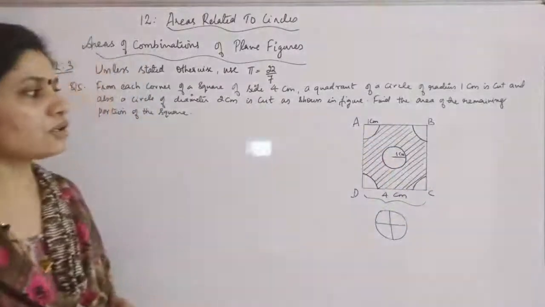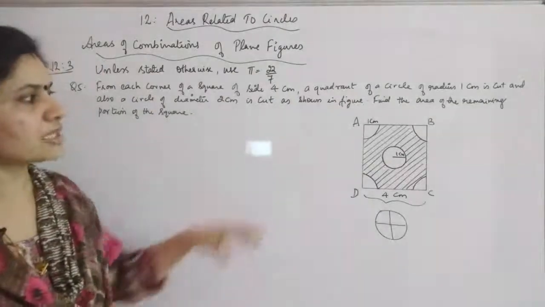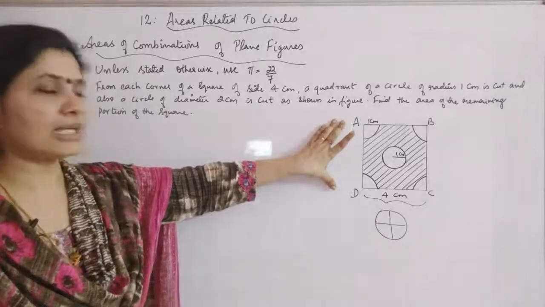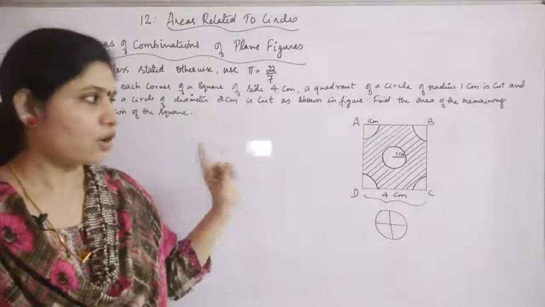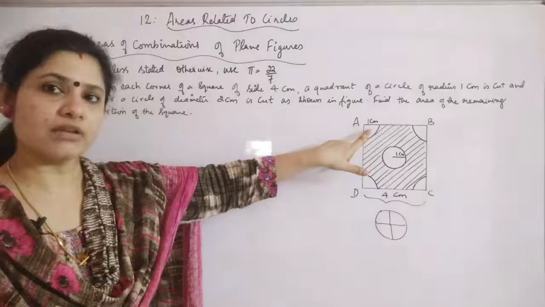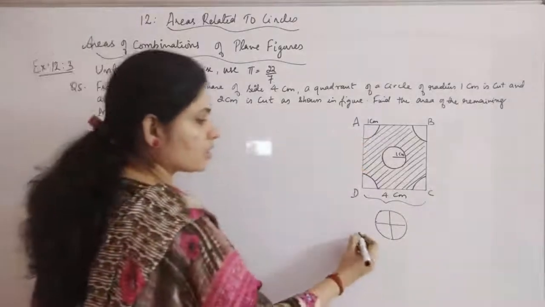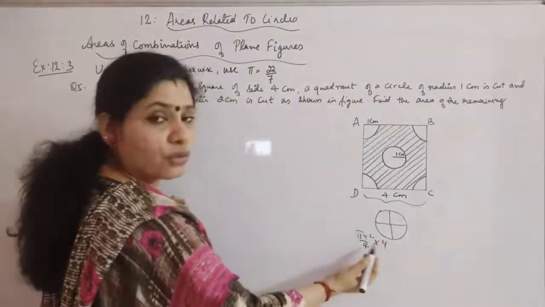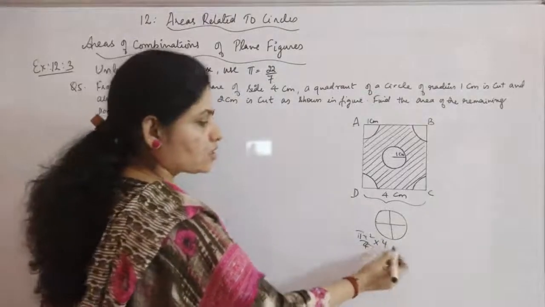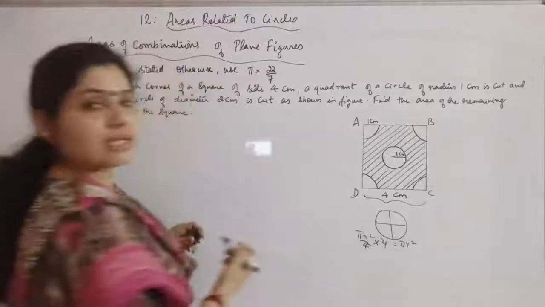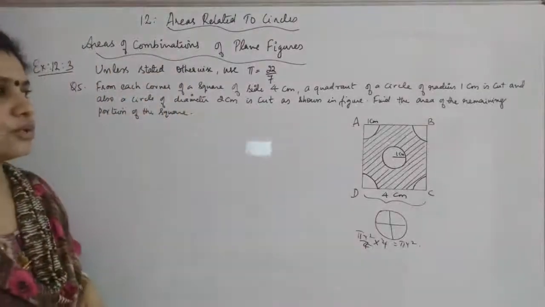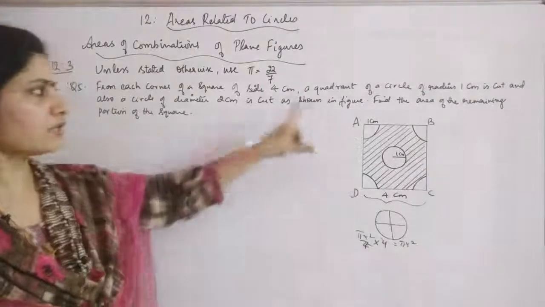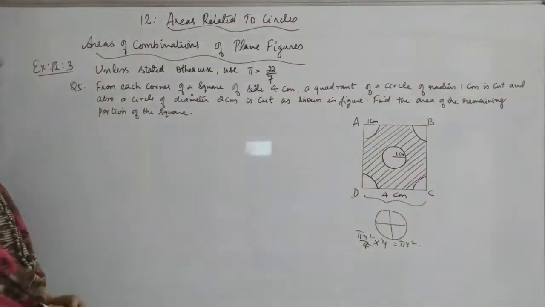So in order to get the shaded region, from the area of the square you have to subtract the area of 2 circles. You can see the area of a quadrant is pi r square by 4, and 4 quadrants will give you 4 into pi r square by 4. So it is actually pi r square, the same as the area of the circle. So you have 2 circles' area to be deleted from the area of the square for getting the area of the shaded region.